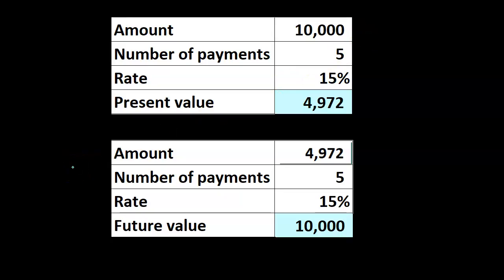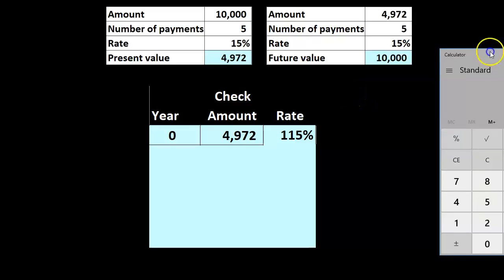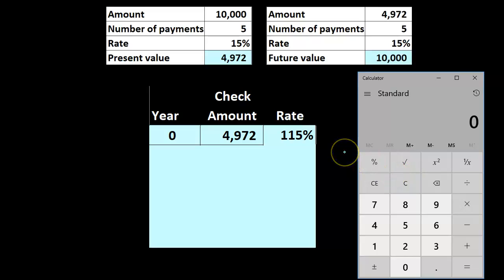Another way you might want to consider going through this data, just to solidify the relationship between present value and future value, is going through the calculation starting at year 0, which is the 4,972, the present value, and then getting to year 5 through our calculation year by year. So if we take the rate of 115%, this is kind of shortcutting it, because of course we're taking the 15%, 0.15, plus 1: 115%, 100% plus 15%.